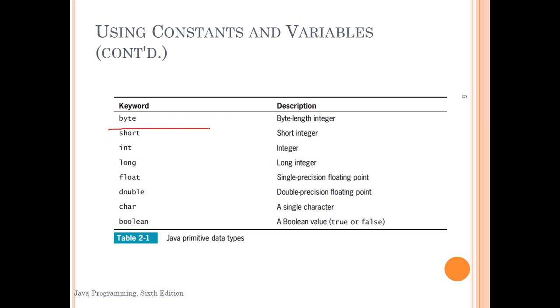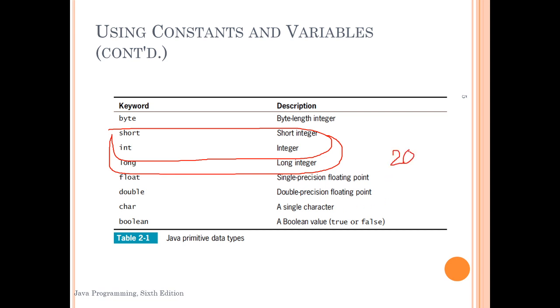These are whole numbers, so integer is what you can use for them. When you use decimal numbers, for example 20%, of course, Java does not accept 20%, so you should use 0.2. Because of that, it is a floating point, meaning it has a decimal number. So everything you use for a decimal number is a float or double. That depends on the situation, on which one you want to use.